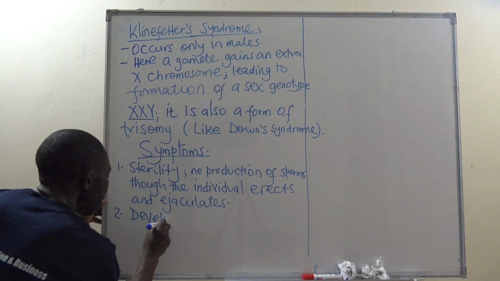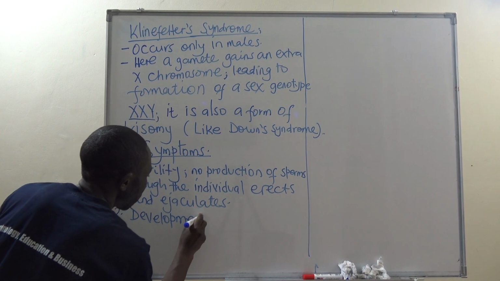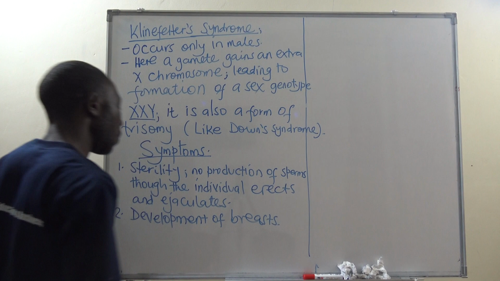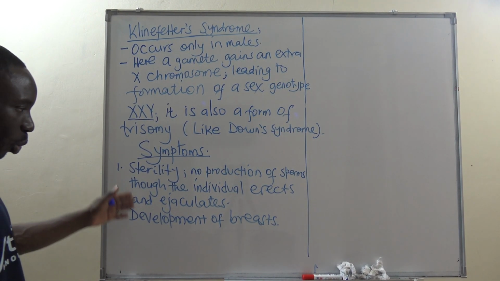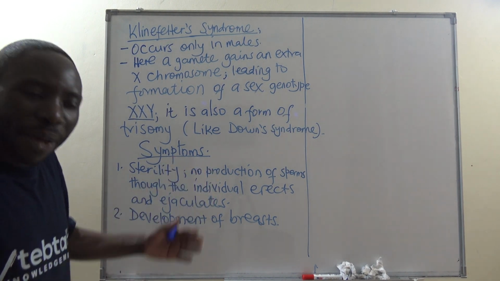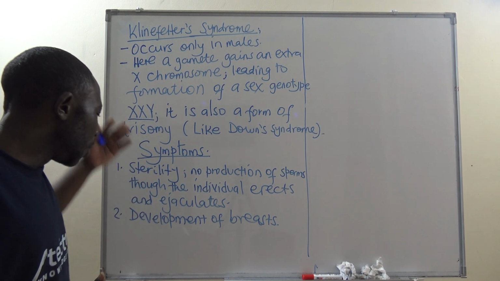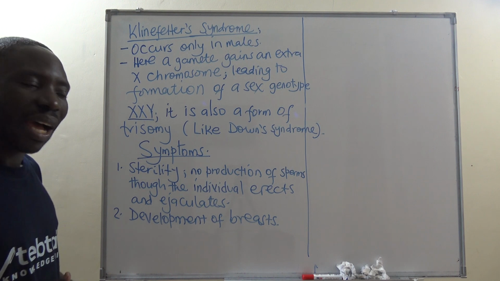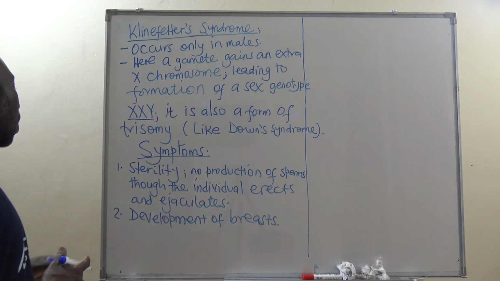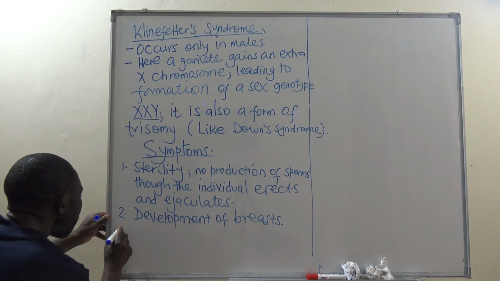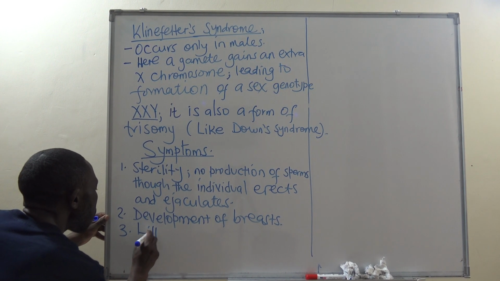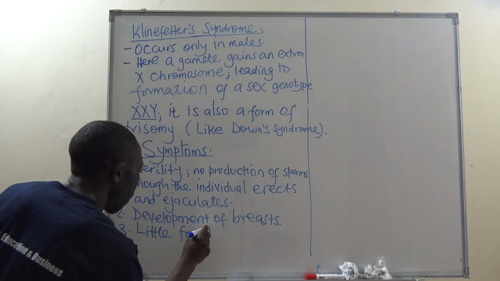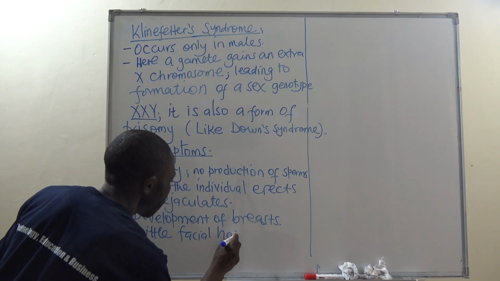Then two, the second one is this person develops breasts. Development of breasts. That is two. Remember, the person is a male, but this person here can develop the breasts like a female. So the other one is little facial hair.